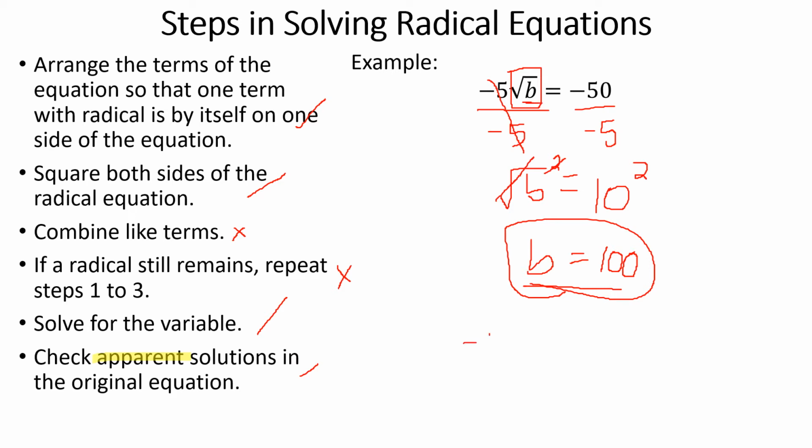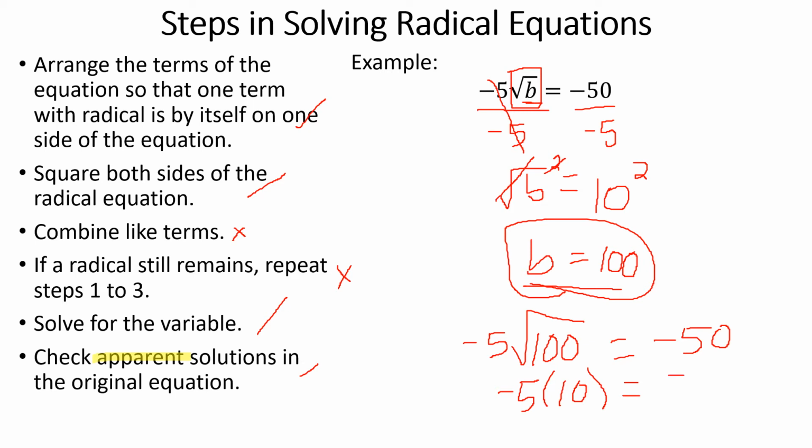So, we have negative 5 square root of 100 equals negative 50. The square root of 100 is 10. And that is equivalent to negative 50. Ayan po. Kasi nga po, negative 5 times 10 is negative 50. So, yun lang. Next one.